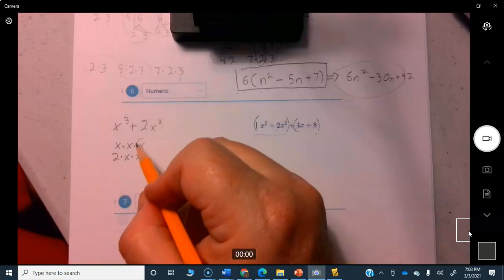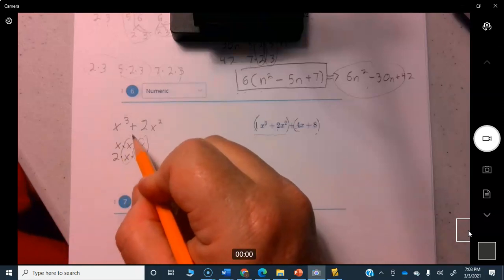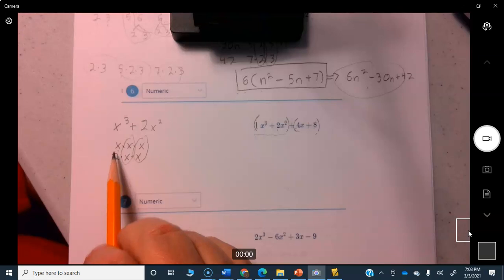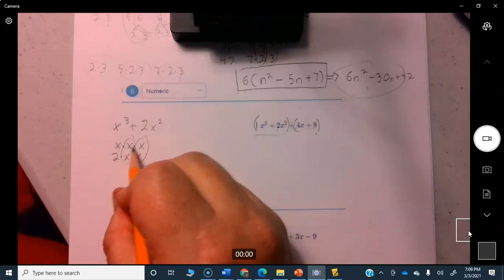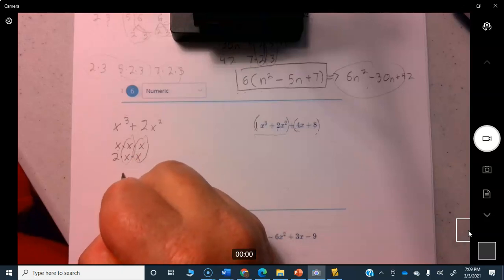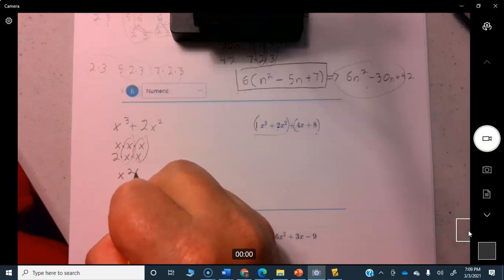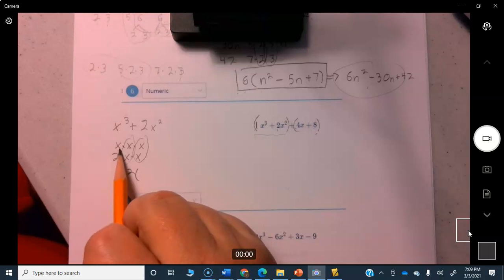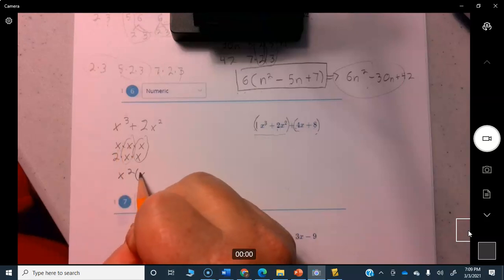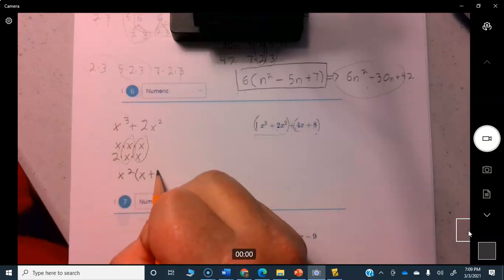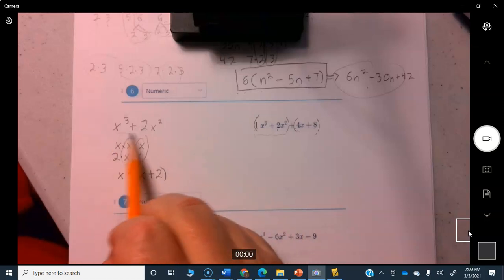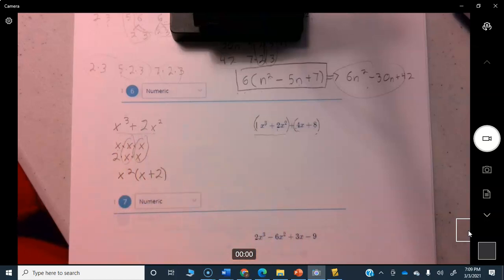So what do they have in common? They have this x, and that's it. This x doesn't match up with another x, and the 2 doesn't match up with a 2. So you're going to bring x times x out. It's x squared. And then it's going to be another x that stays in, plus this 2 stays in. So that's how this would look factored.